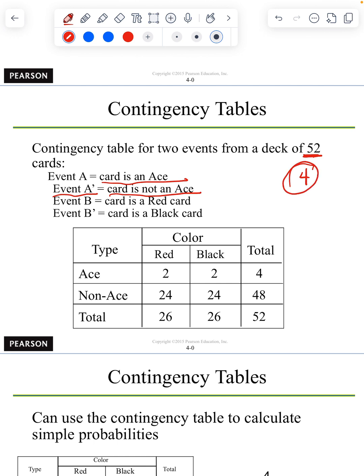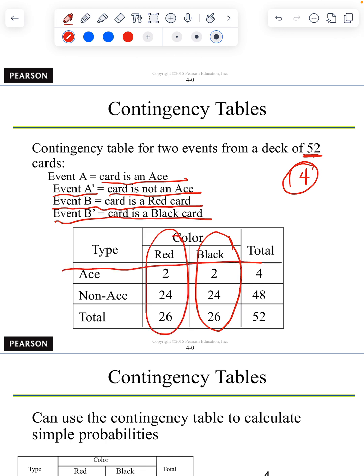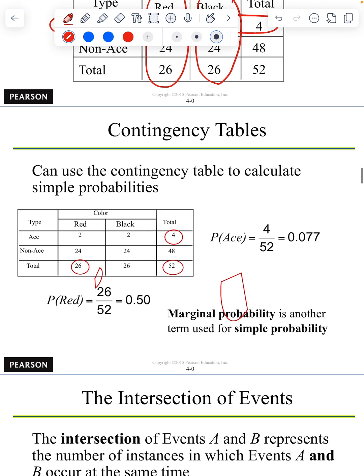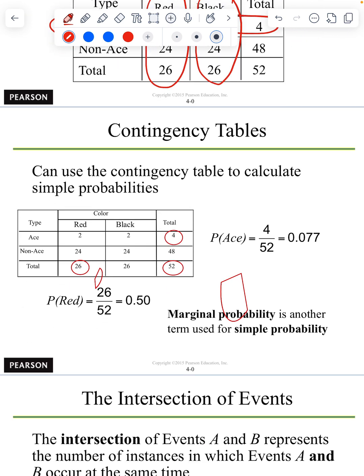Okay? And then event B is the card is a red card, and the complement is the card is a black card. So here are your black cards, here are your red cards, here are your aces. Now, you can use a contingency table to calculate simple probabilities.